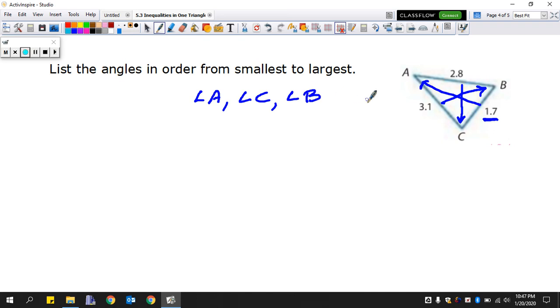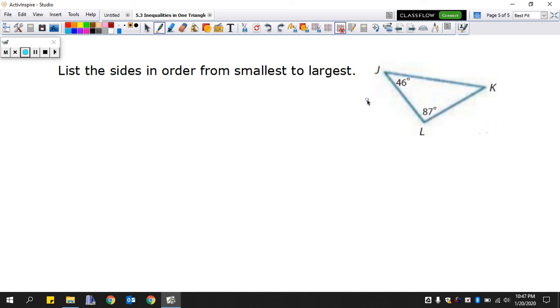And the last example that we're going to do is dealing with the sides as they relate to the angles. Well, we're only given two angles, so we're going to have to add to find out what this angle is. Okay, so 46 plus 87. 6 and 7 is 13.